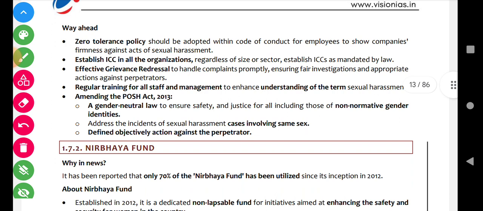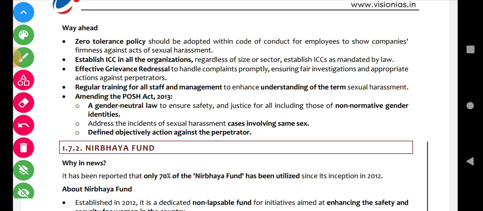So what is the way forward to tackle these problems? A zero tolerance policy will have to be adopted within the code of conduct for employees, to show the company's firmness against acts of sexual harassment.